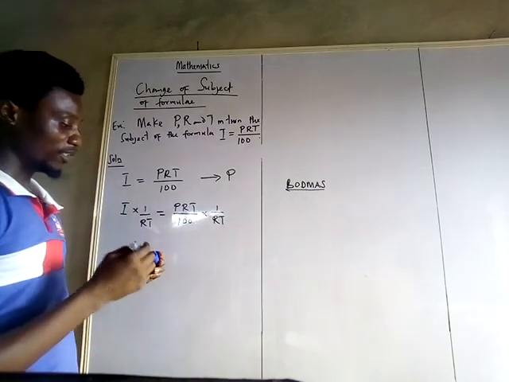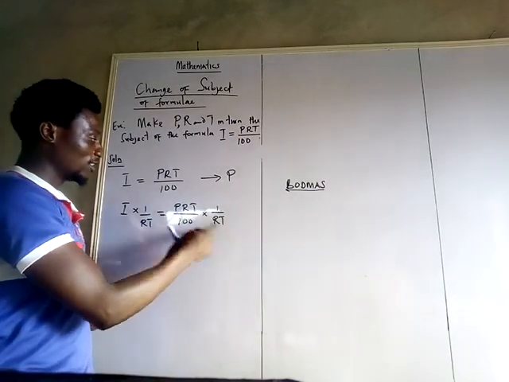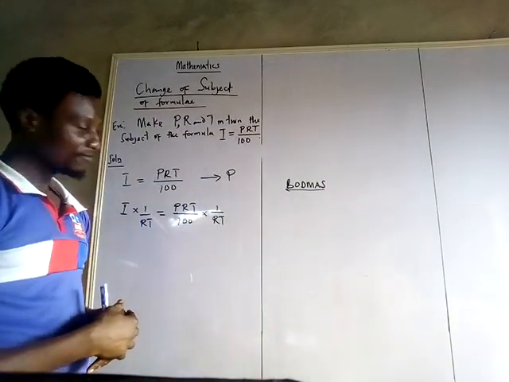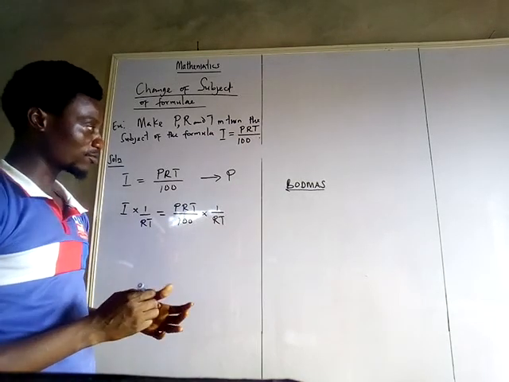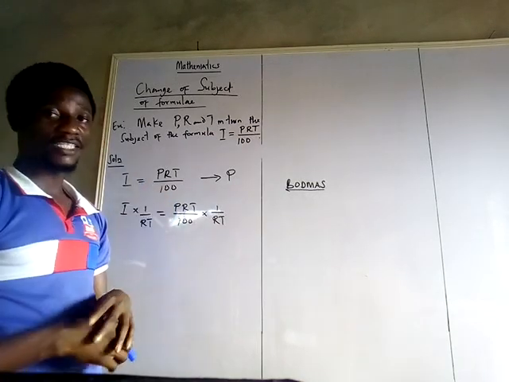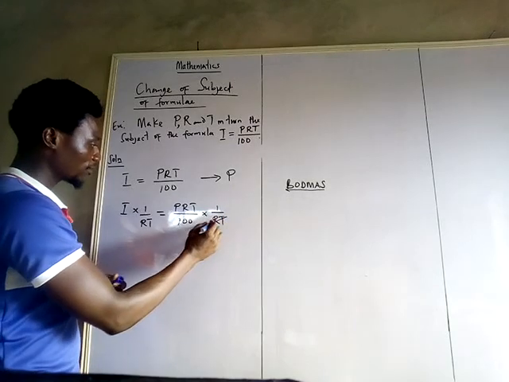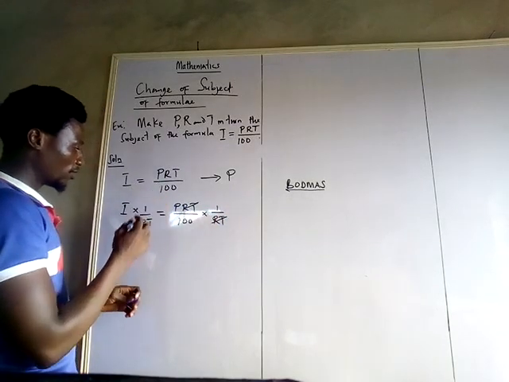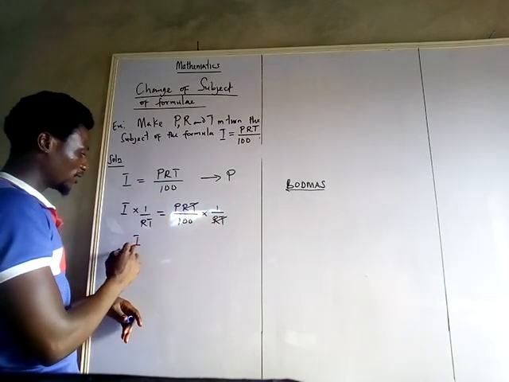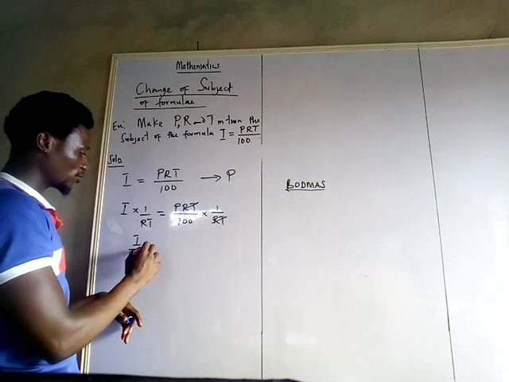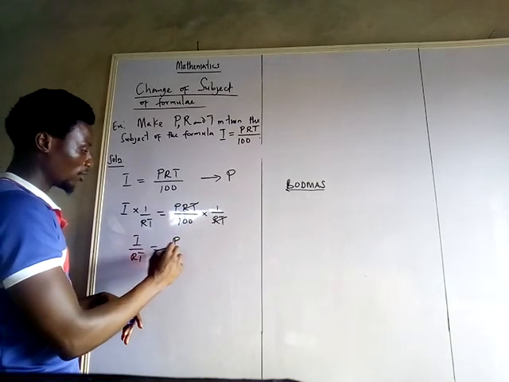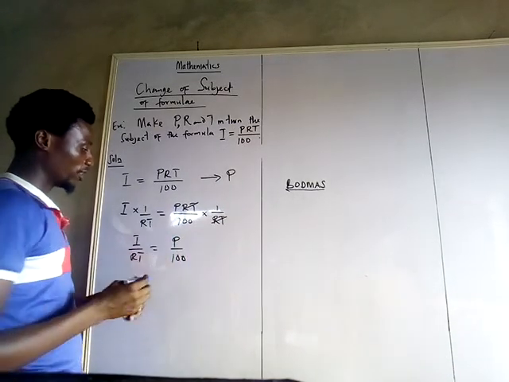What is the essence of doing that? So that RT will be cancelled, so that P will be able to stand alone at the top here. And look at it, RT is gone. And so we have I divided by RT equal to P all over 100.